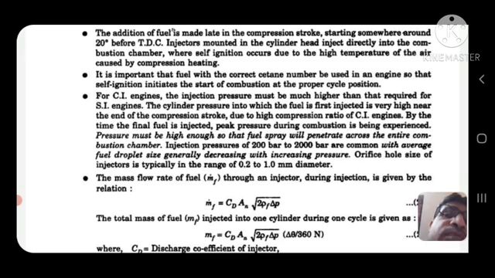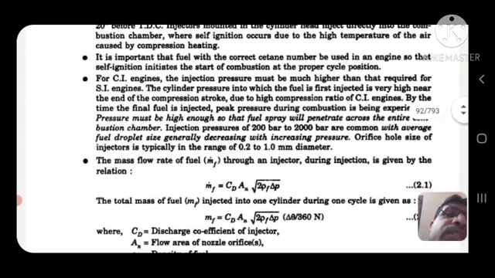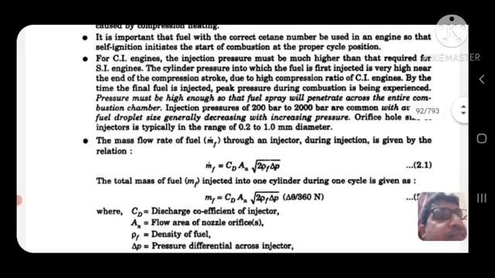It is important that fuel with the correct cetane number be used in an engine so that self-ignition initiates the start of combustion at the proper cycle position. For a CI engine, the injection pressure must be much higher than that required for an SI engine.